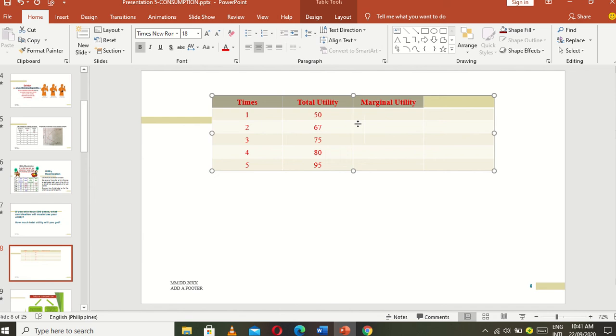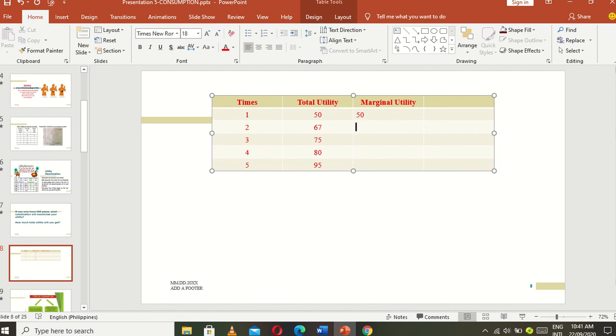If the total utility is already given, how will you get the marginal utility? You're just going to subtract. First, since it's 50 here, we just copy it: 50.